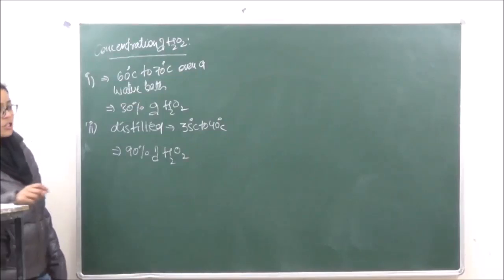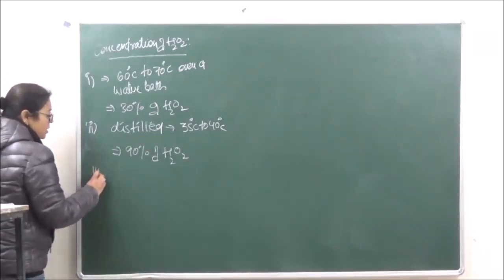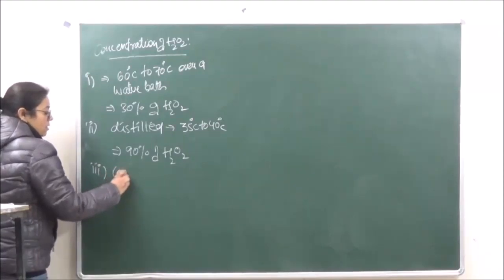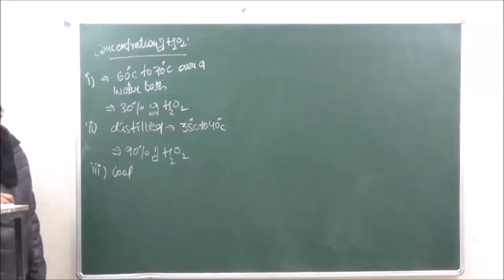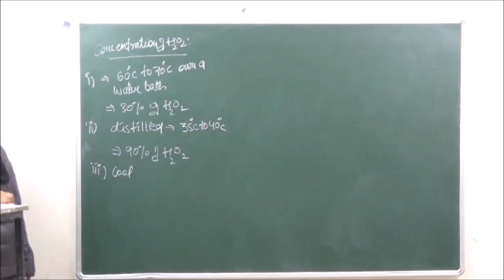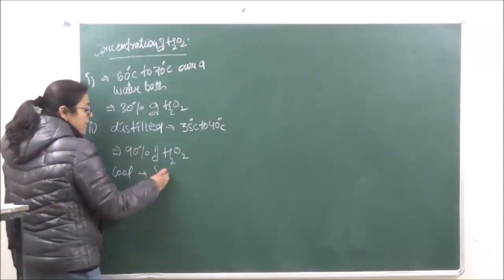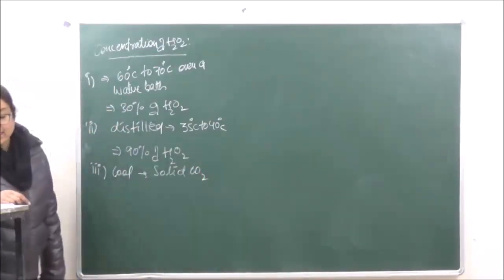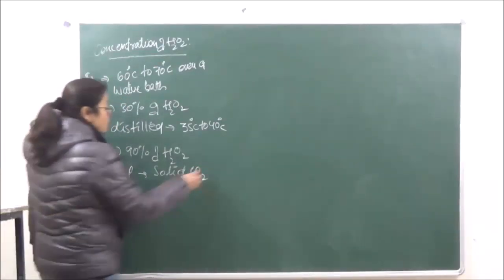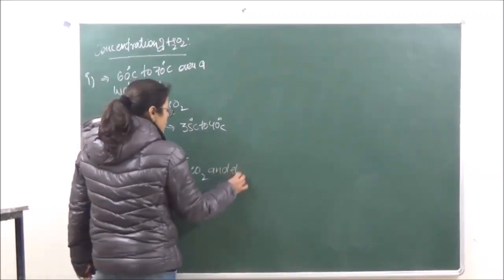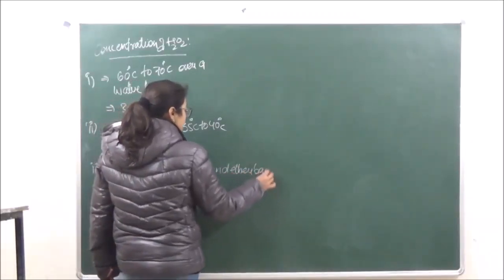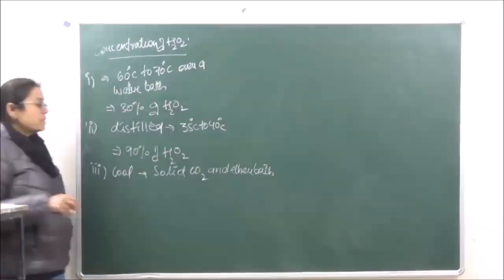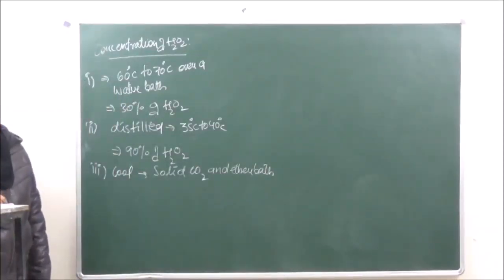Now if we want to still further concentrate it, we are going to cool the above mixture, right? This cooling is done with the help of dry ice or solid carbon dioxide and ether bath. Right? So we are going to take solid carbon dioxide and ether bath and crystallize it.